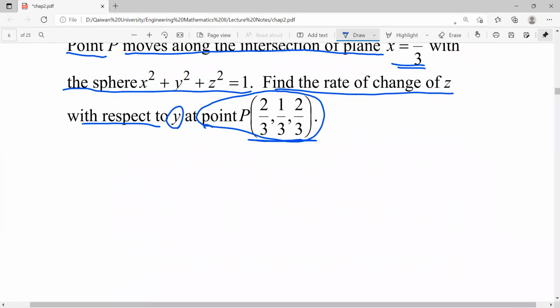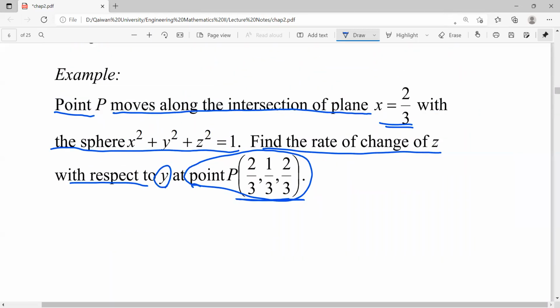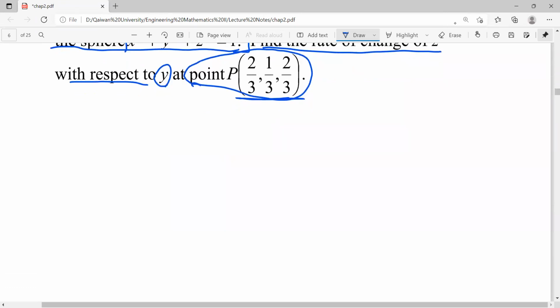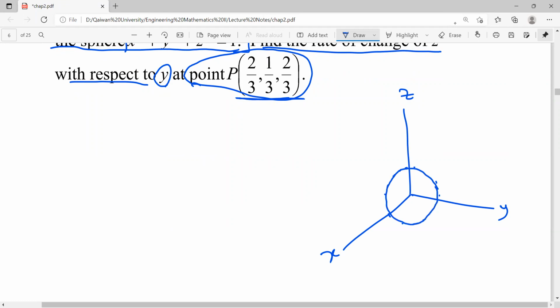To draw the graph, here we have a sphere. The center is 0, 0, 0, and the radius is 1. This is the x-axis, that's the y-axis, and that's the z-axis. We have a sphere which is like this.